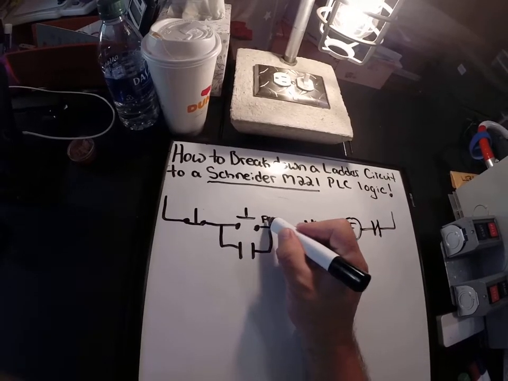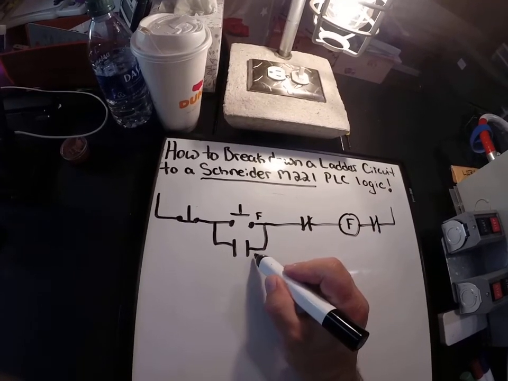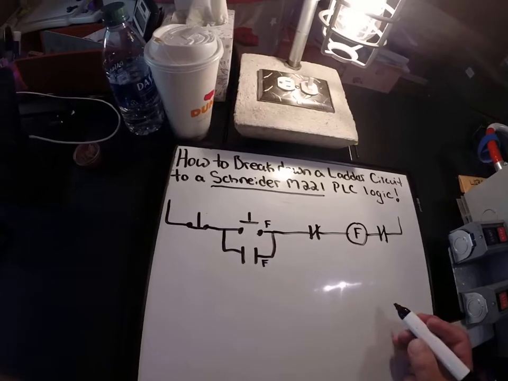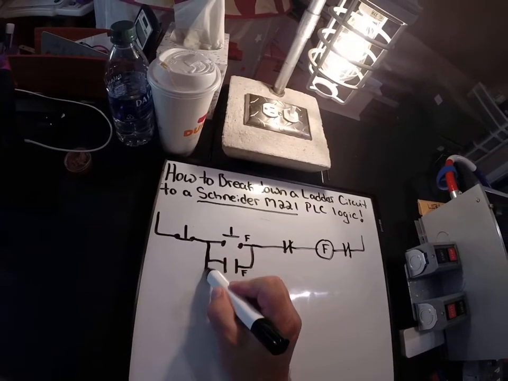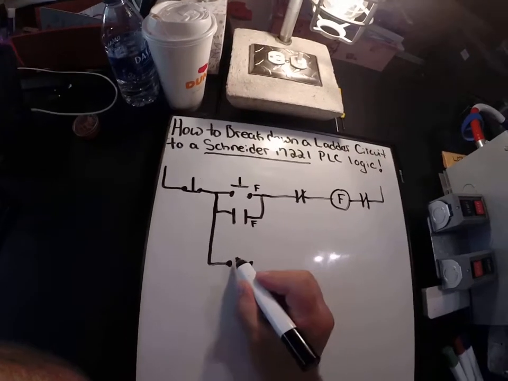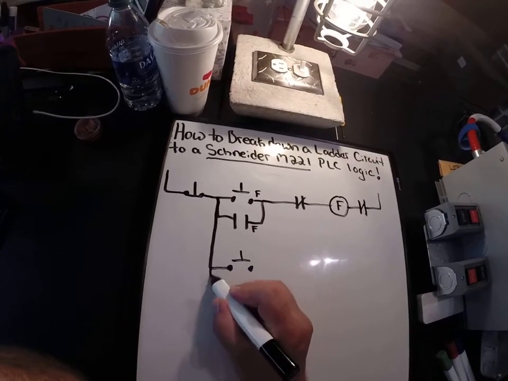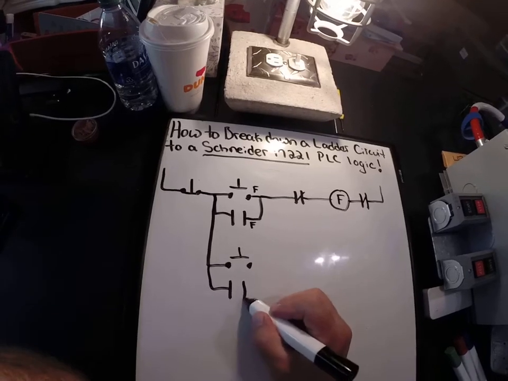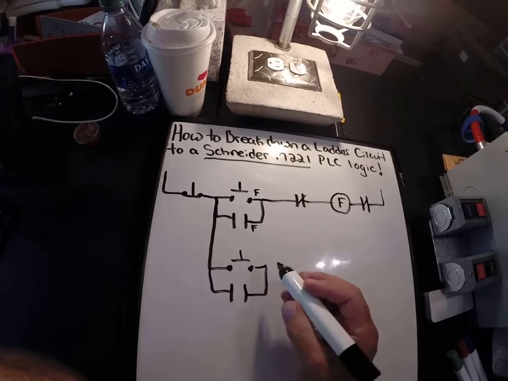I'm going to put my abbreviations off to the side so I can save some room for other items. Come off this same rung, I'll do the same thing here. Forgive my messiness. I'm just trying to get you to break down the circuit.